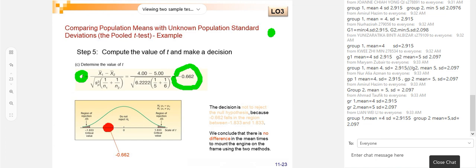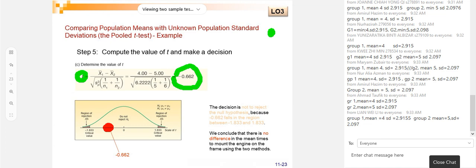So what is kita punya decision? Boleh kita tanya Nur Hazira. Okay, apakah keputusannya? What is the decision? Tak ada beza. Maknanya reject H0 or accept H0?